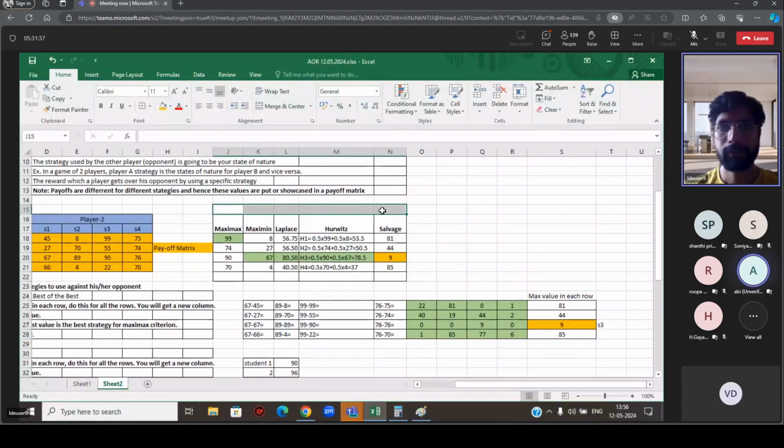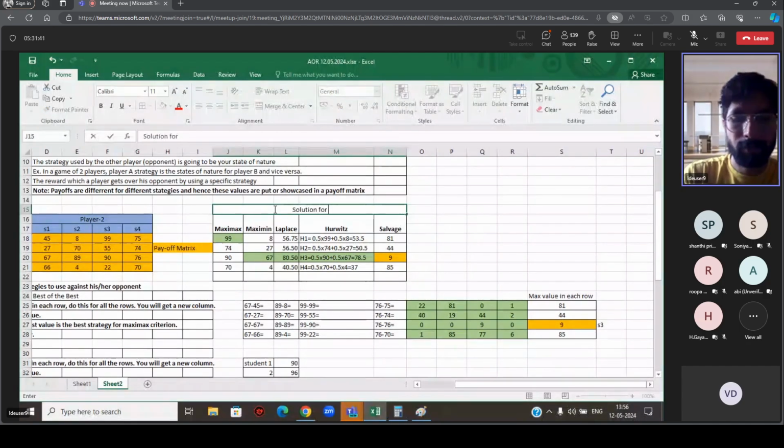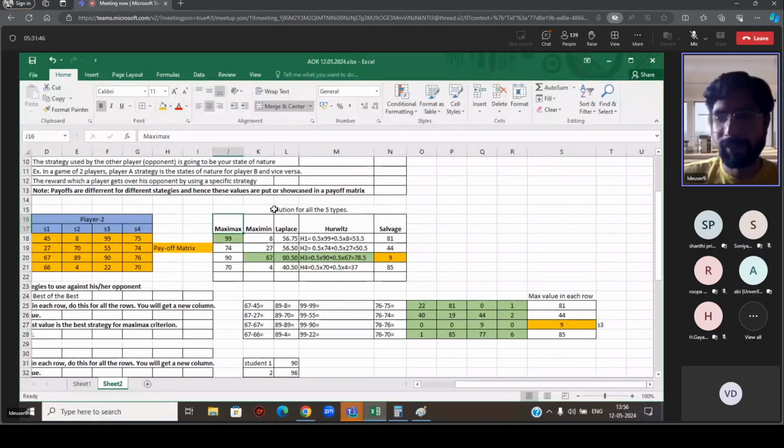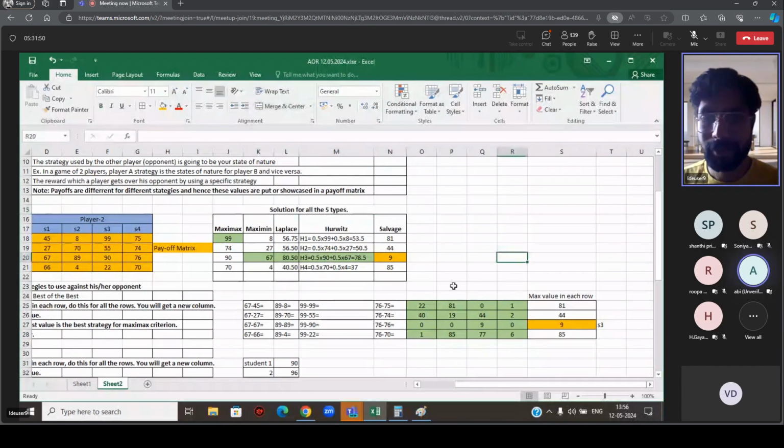So this is the solution for all the 5 types. There are a lot of mistakes in the textbook. Don't read that. Just follow this method, and you should be in a position to get all your answers correct.